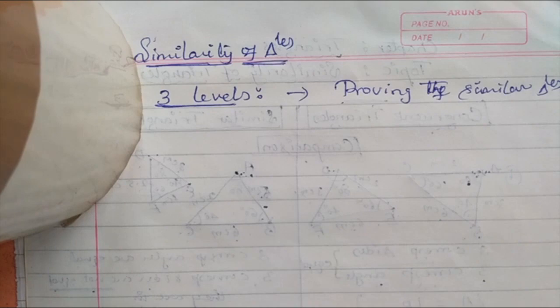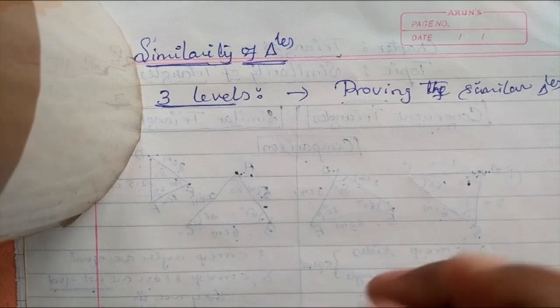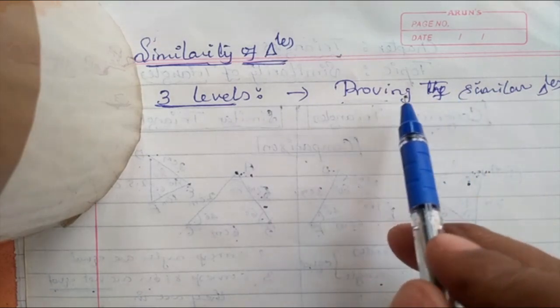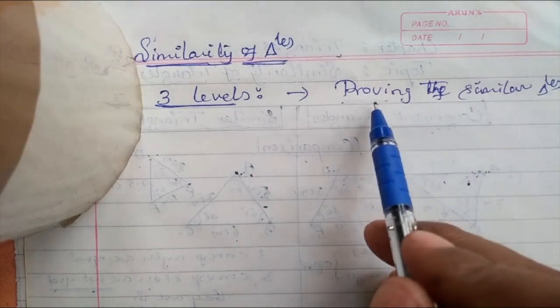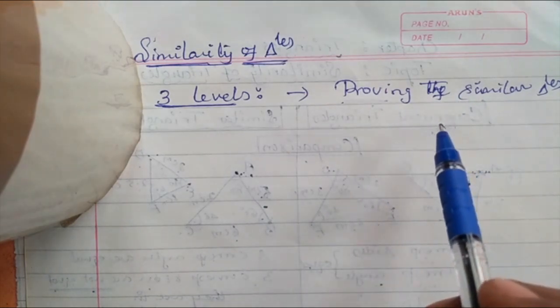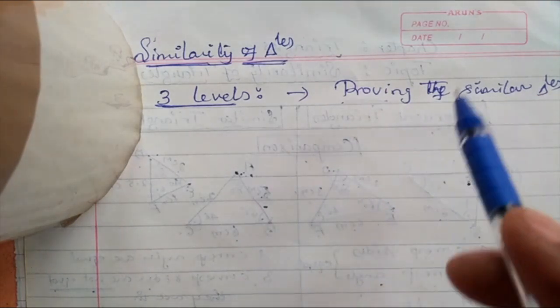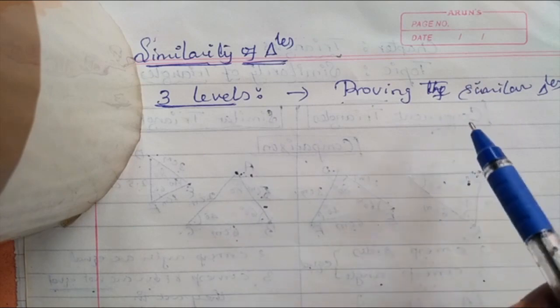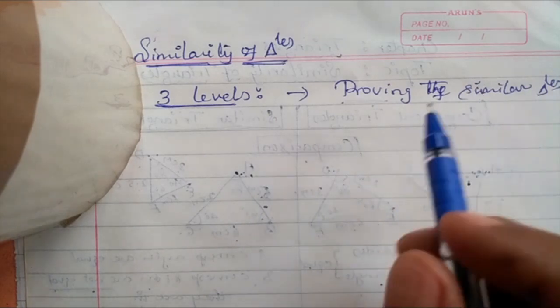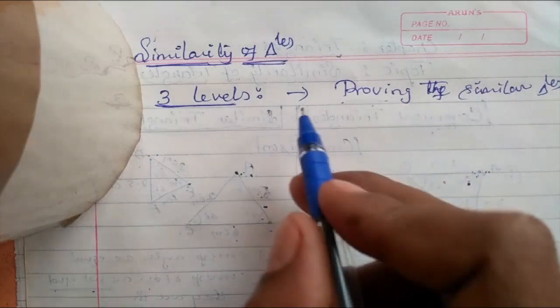What you were doing in 9th standard, two triangles are given, how to prove two triangles are congruent. Similarly, we follow here also. When two triangles are given, we choose two triangles and we prove they are similar. To prove they are similar, we use the criterion either SSS, SAS or AAA. Any one of these 3 criteria you can use to prove two triangles are similar.